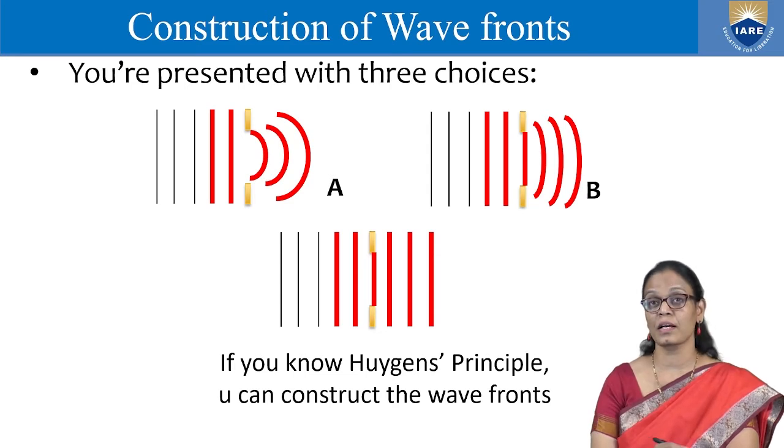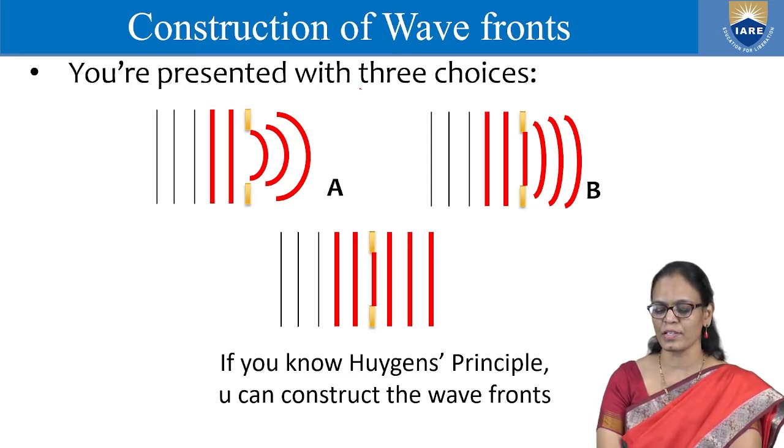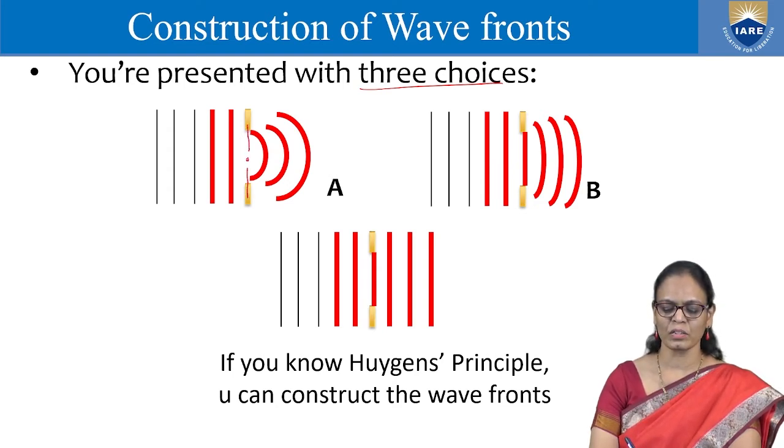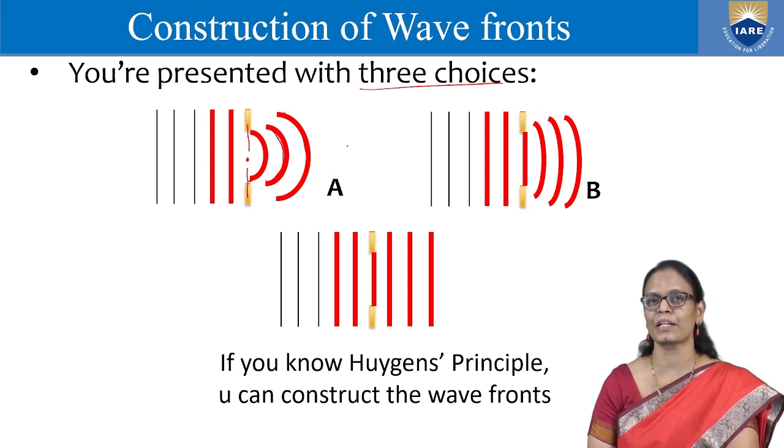Now here we are discussing three different choices. The first one: if the slit or the point of disturbance is a point, then we have spherical wavefronts like this. We'll be drawing arcs like this and the wave keeps on propagating forward. Now if you imagine that the width of the slit is big, if it is not a point source, then what happens?